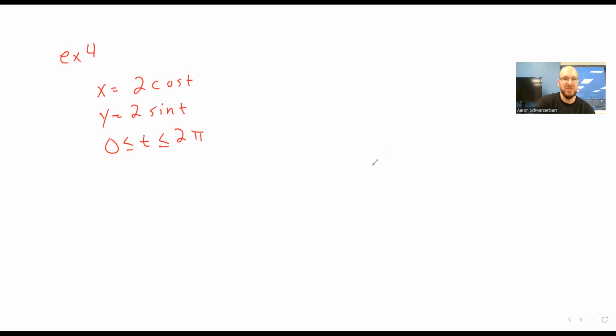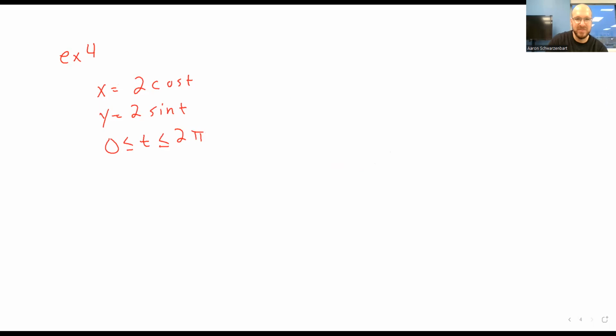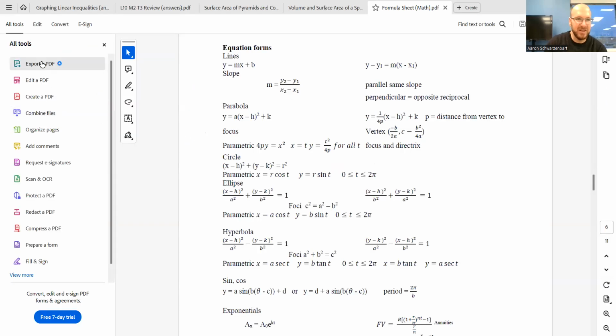Okay, this one, cosine and sine. So we're going to look at our packet. This is in our packet. It's under equation forms. And anytime I have cosine, I have trig functions, I know it's going to be one of these conics. Because the two is the same, I'm looking at it and I see circle. So this is a circle.